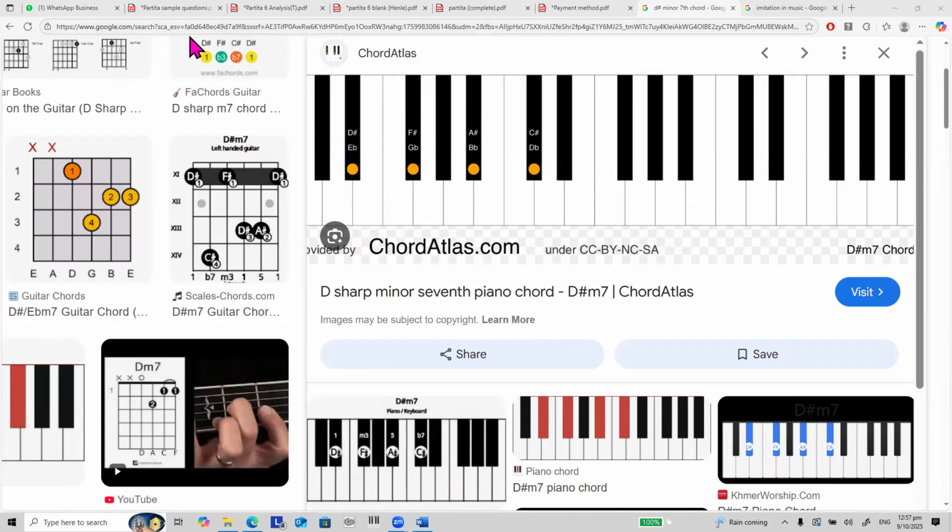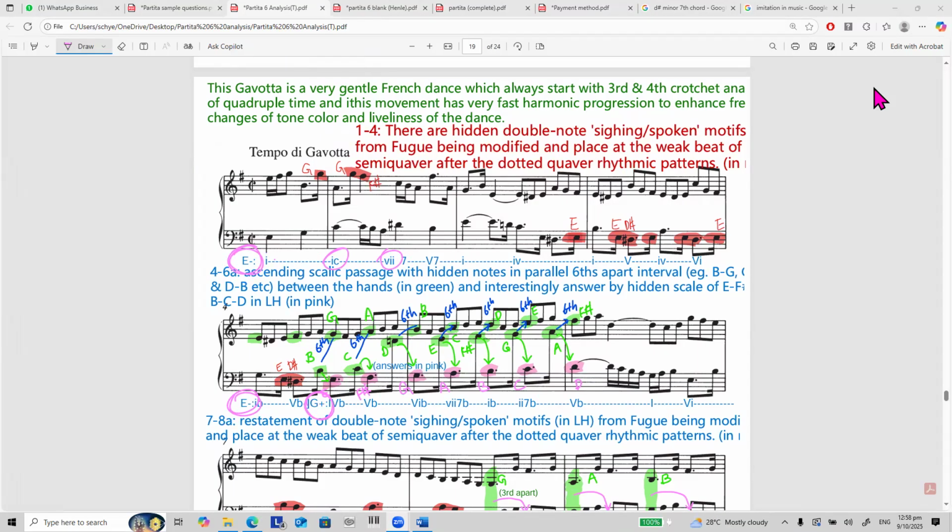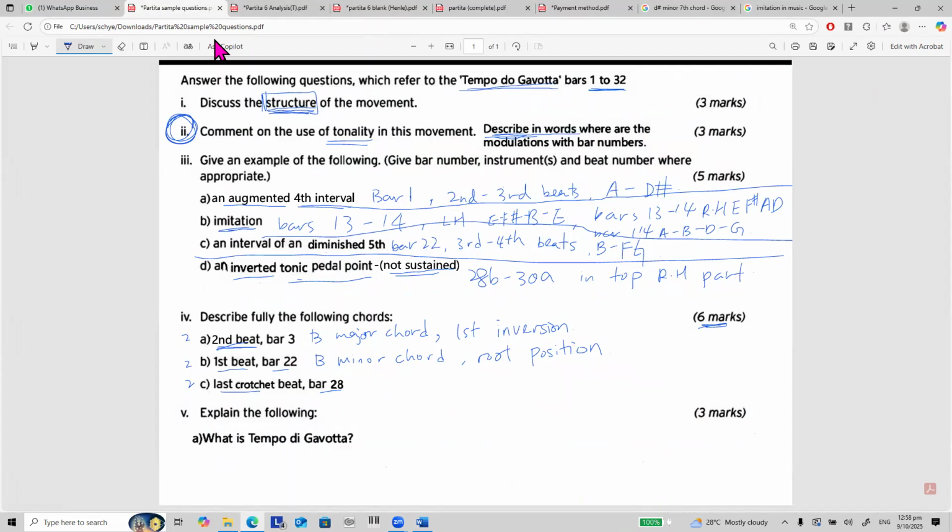You can also see that the description of the chords is included. The chords are here in Roman numerals, but during the exam, you need to describe them in words like this, because this is the format of the Trinity Music Theory exam. So over here, you can write down the chord is D sharp minor 7.